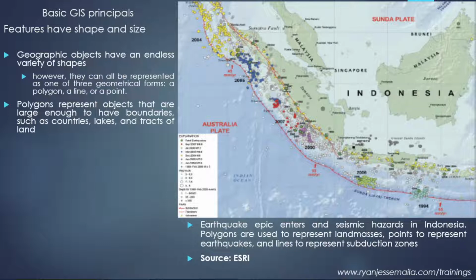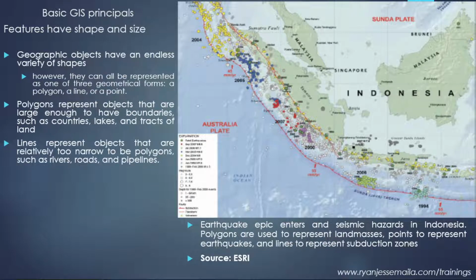Maybe a farm will show the extent of the farm and the area of that particular farm. The country could be a district, could be a province, could be office space. You could use a polygon to show the extent of that area.